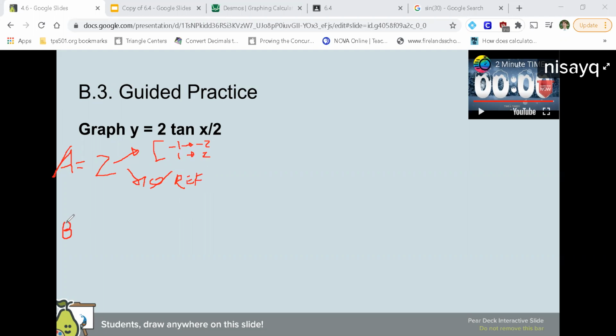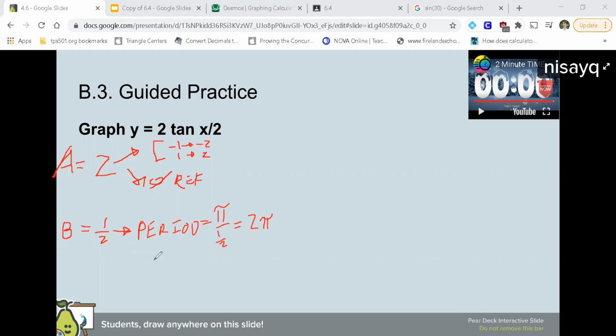Our B value is 1/2. So that tells me that if I take the period of pi divided by 1/2, I get a new period of 2 pi. Whenever you divide by a fraction, remember, you flip and multiply.